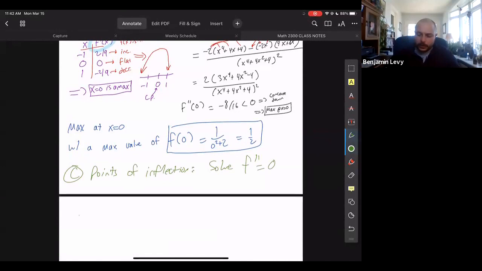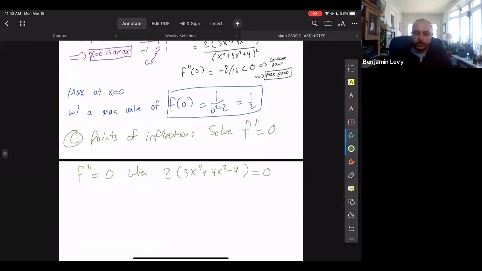The second derivative equals 0 when that numerator equals 0. It has nothing to do with the denominator. We just take the numerator and set it equal to 0. And it's a 4th power one. So you just take this part and set it equal to 0.